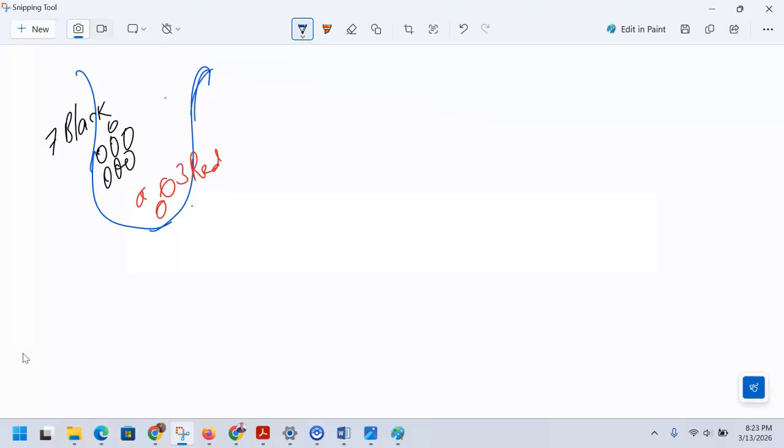So there is a jar. In this jar, you can see there are 7 black marbles and 3 red. We can do the visual. This is the starting point, and when I pull a marble, the first one could be black, or the first one could be red.